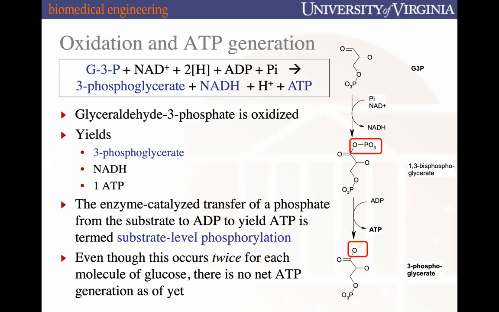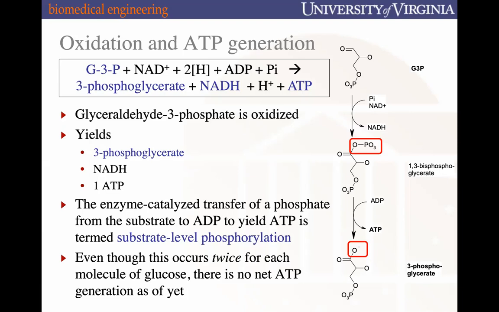And so this oxidation event, as well as the addition of this phosphate group, produces what we call 1,3-bisphosphoglycerate. And in addition to that, instead of the consumption of an ATP, we're now going to be producing an ATP.